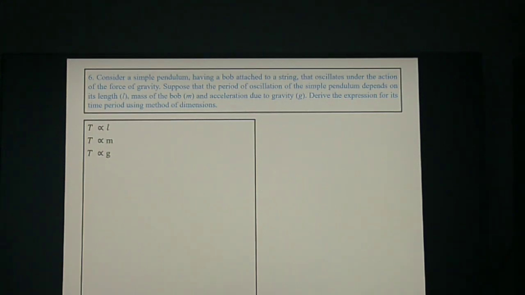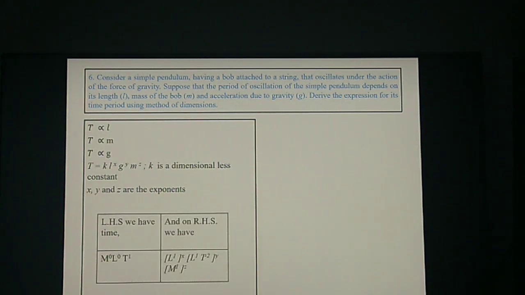So what do we have to do? Just to remove the proportionality, we have introduced a constant which is dimensionless. Okay, the exponents x, y and z are the respective exponents of length, gravitational acceleration and mass.